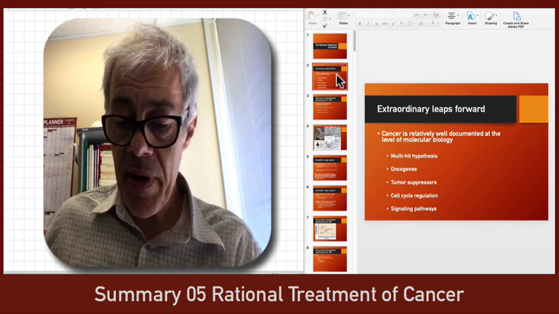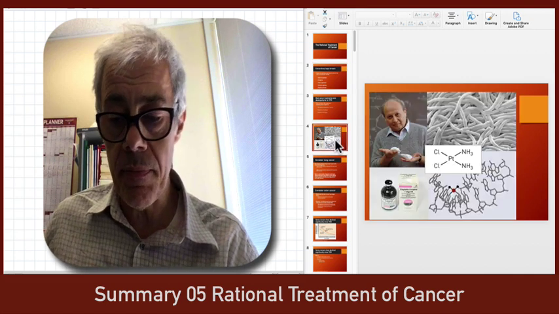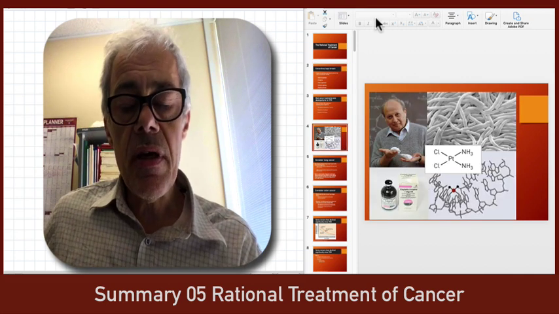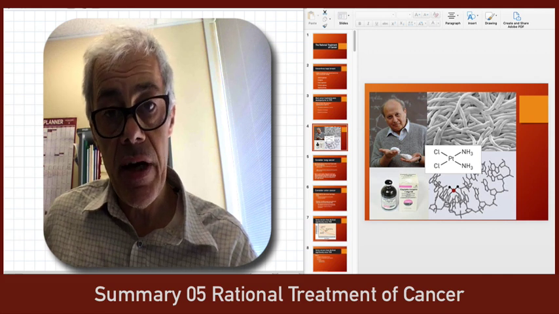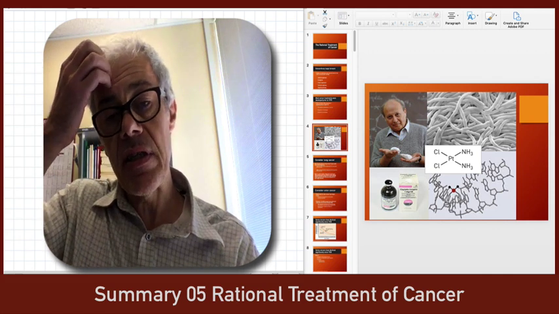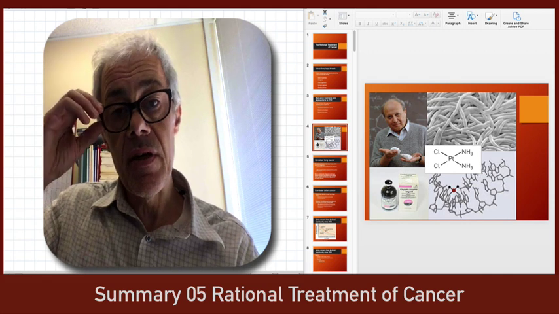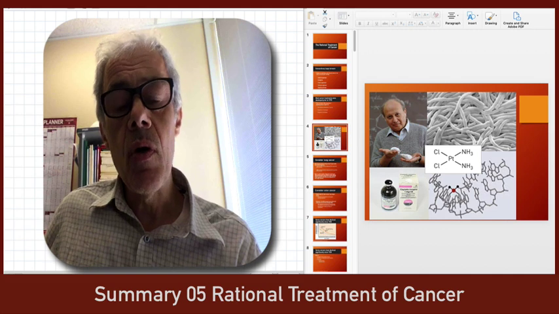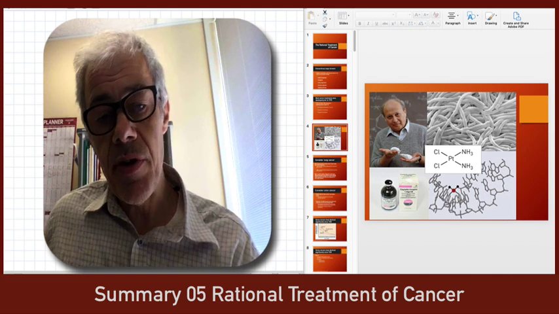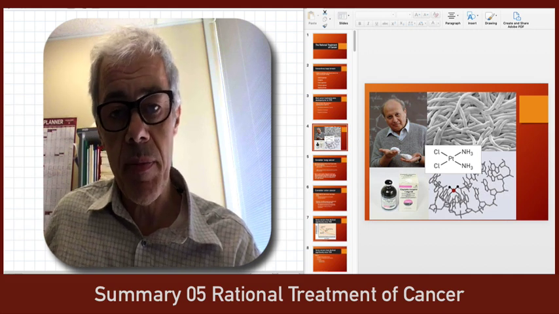Okay, so what do we mean by rational drug design? Well, when you think of some of the more popular anti-cancer drugs that exist currently, they've been around since the late 60s, early 70s. So they came into being before we knew about oncoproteins and tumor suppressors and all of the other things about cell biology.